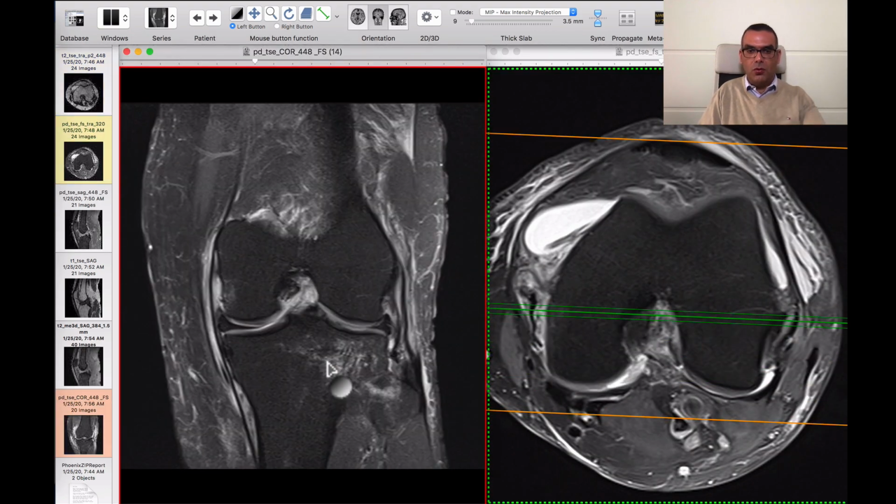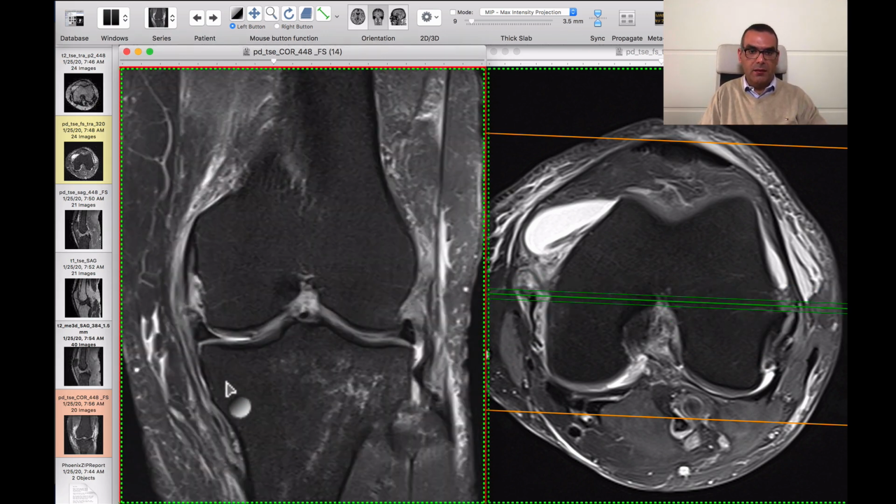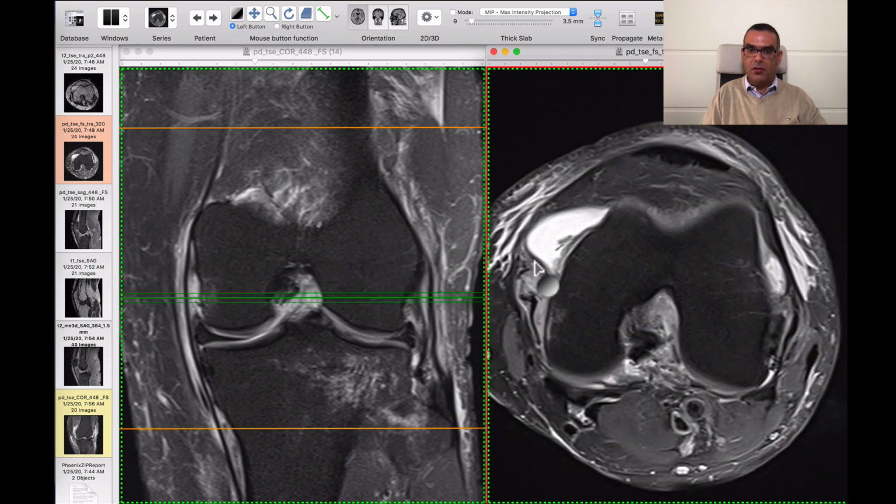Switching to the coronal, you can see that the MCL fibers are intact. So they are just sprained, and the lateral collateral ligament is also sprained. So we have a sprain of the medial and lateral collateral ligaments. So what is this injured structure?